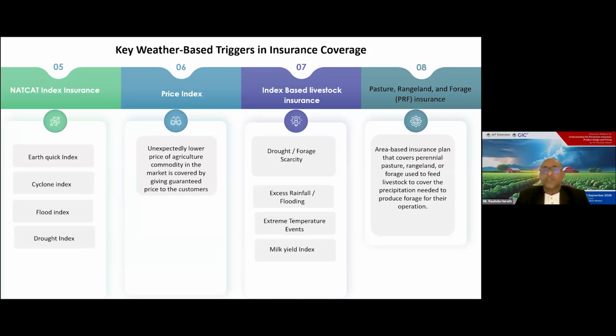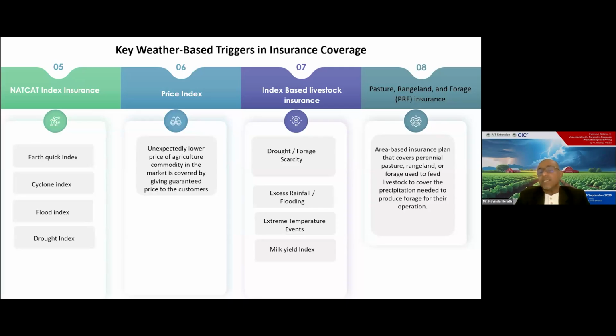And index-based livestock insurance, there are also many parameters like drought or forage scarcity, and also rainfall or flood that can be designed for the livestock as well, and also extreme temperature like dairy heat index and also milk yield index. So these are the kinds of indexes available, and also pasture and rangeland and forage insurances.